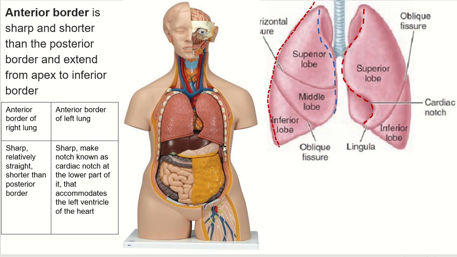The base of the left lung is related with left lobe of the liver, stomach, and spleen, and it is separated from these structures by left dome of the diaphragm.